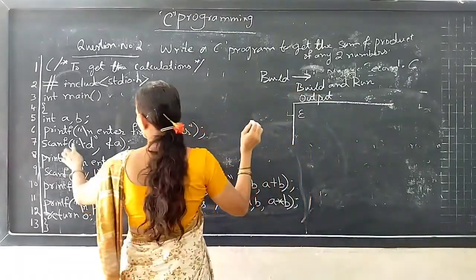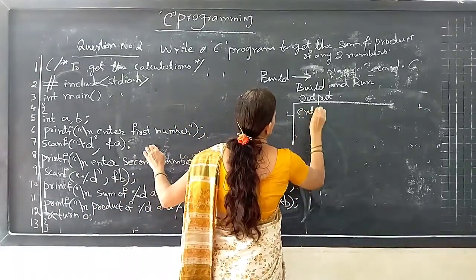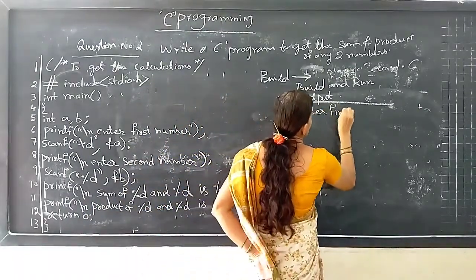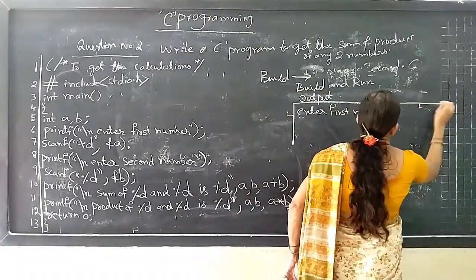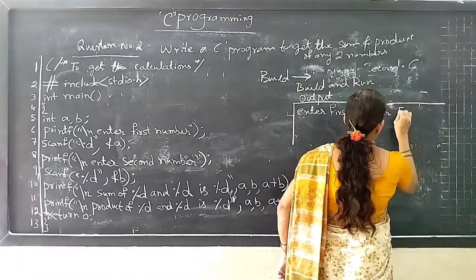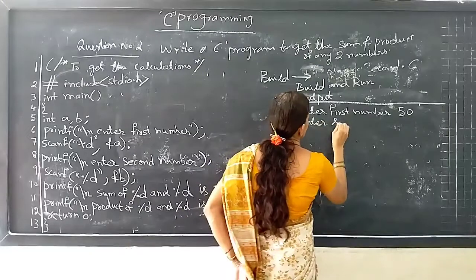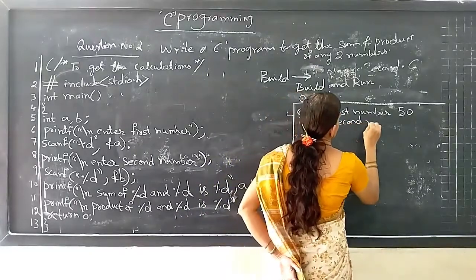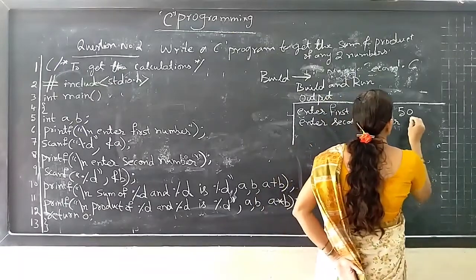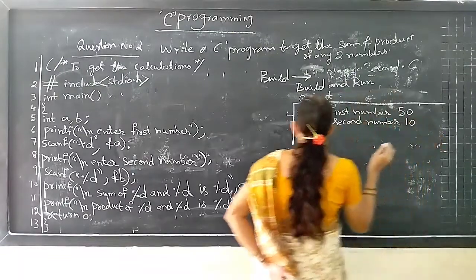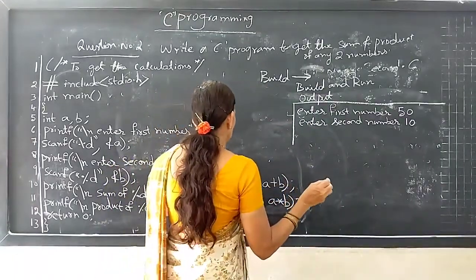What we wrote in printf, enter first number, we can give some number, for example I give 50, and second, enter second number, I can give 10. First we asked the sum of a and b.